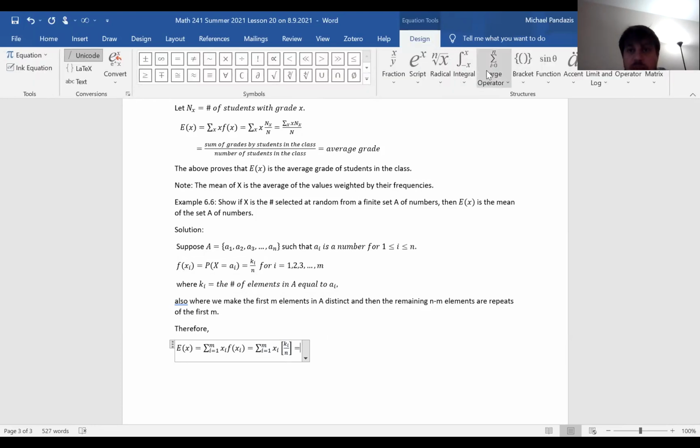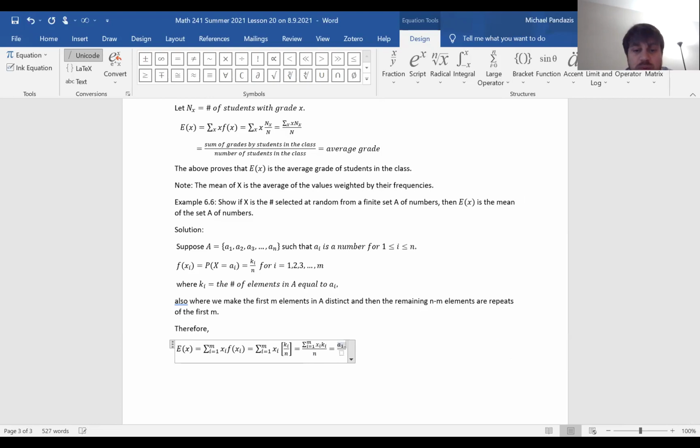And so that's equal to the sum from i equals 1 to m of x sub i times k sub i, and then the n in the denominator distributes, so you can just think of it as the denominator there. Now that numerator, the sum from i equals 1 to m of x sub i k sub i, is summing over all the distinct values of x sub i, multiplying them by the number of times they appear, and adding those products.